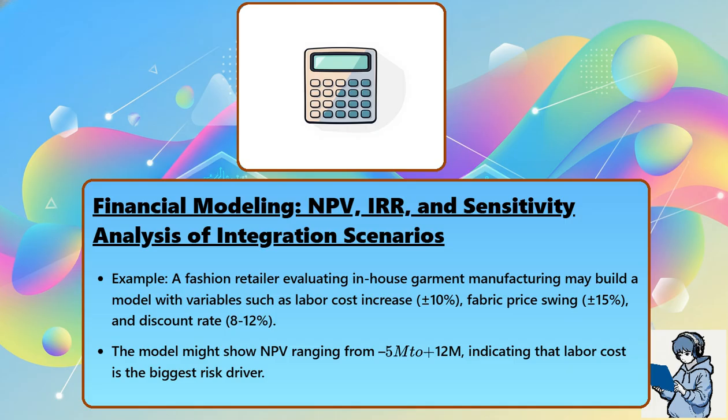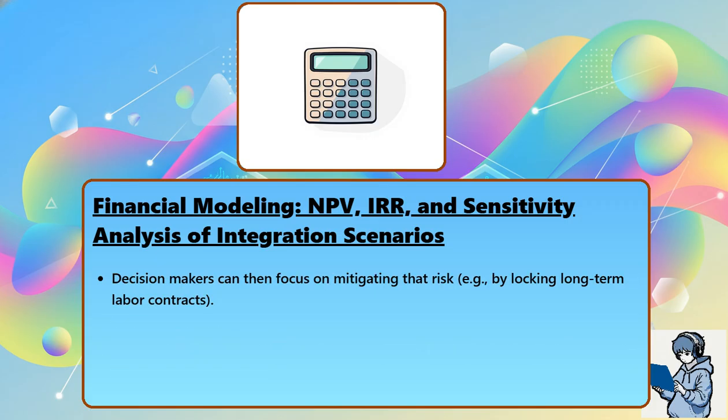The model might show NPV ranging from negative $5 million to positive $12 million, indicating that labor cost is the biggest risk driver. Decision makers can then focus on mitigating that risk, for example by locking long-term labor contracts.